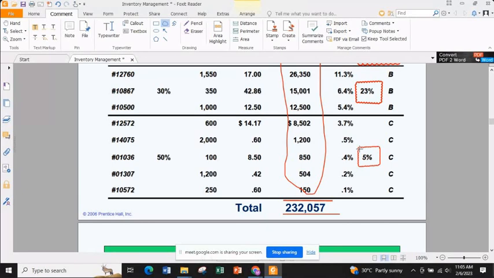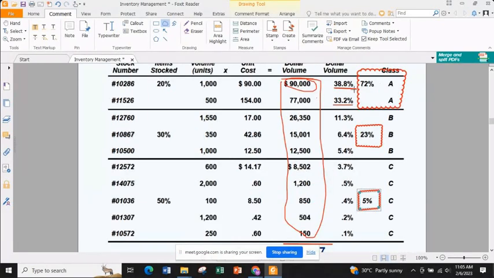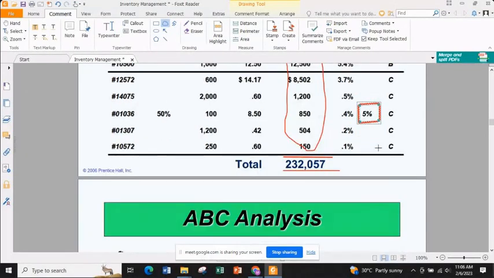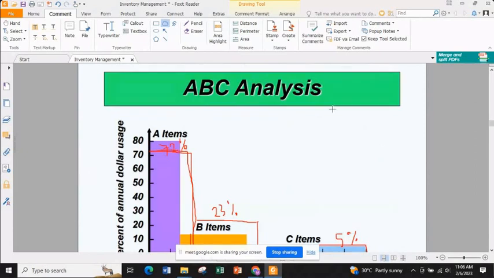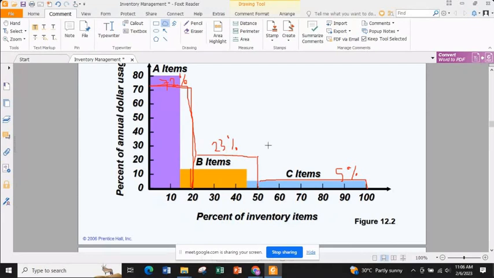So like I mentioned, it's probably a cleaning process. So based on the percentage, you can categorize it in inventory management as class A, class B, class C. So when you convert into a bar chart, you can illustrate the percent of inventory items.